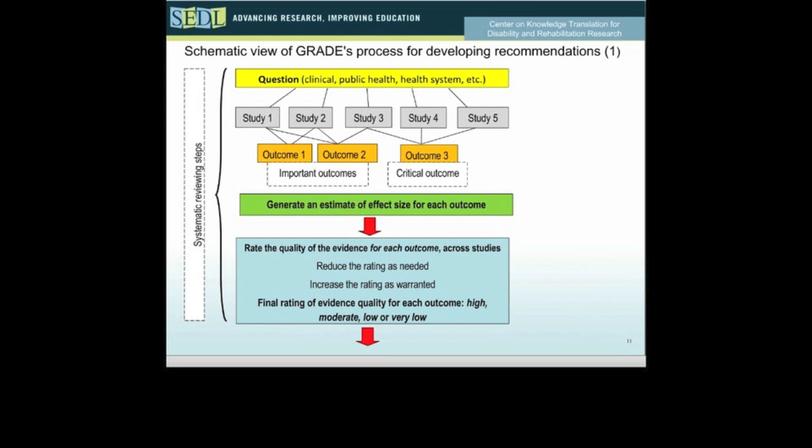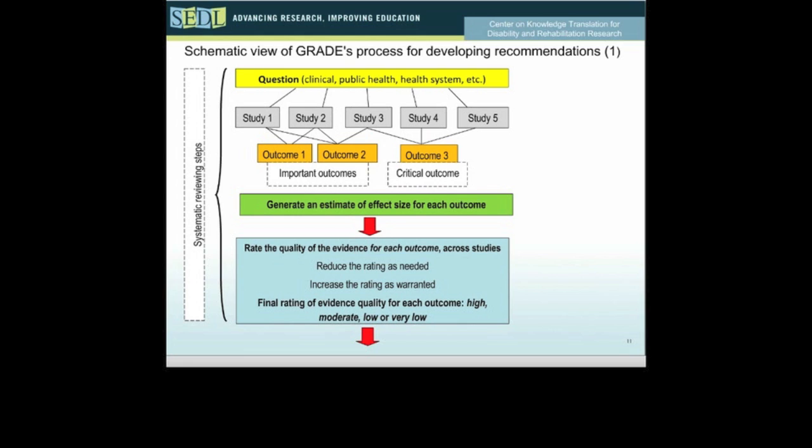Note here that the lines between the gray boxes and the orange boxes indicate that not every study contributes to the same outcomes. One may have looked at outcome 1 and outcome 2, but another study might just have looked at one particular outcome.